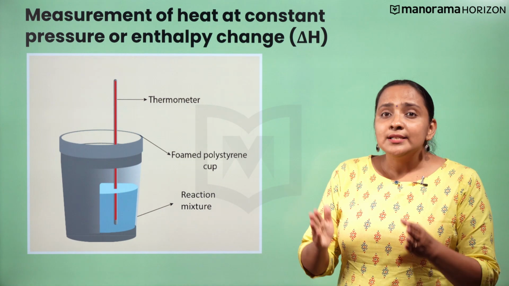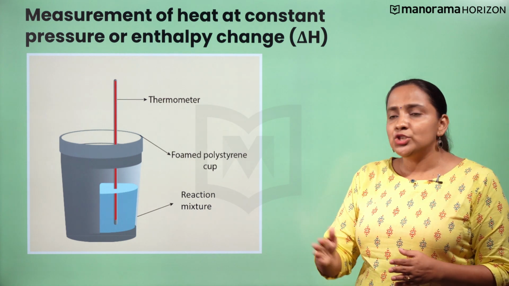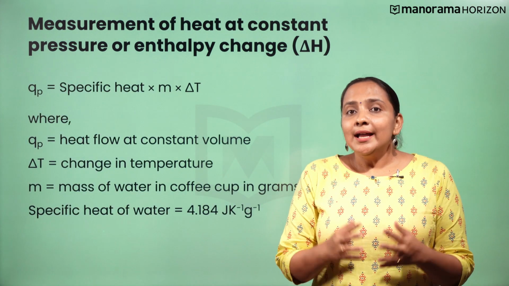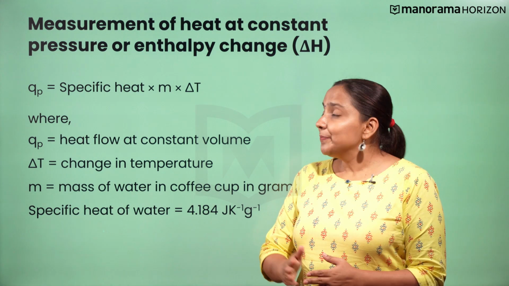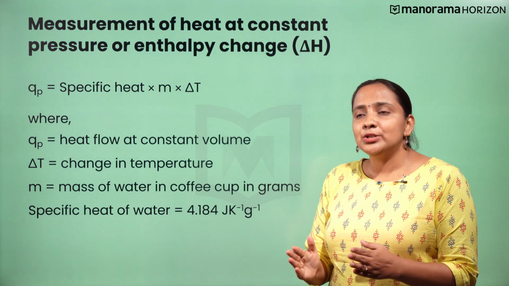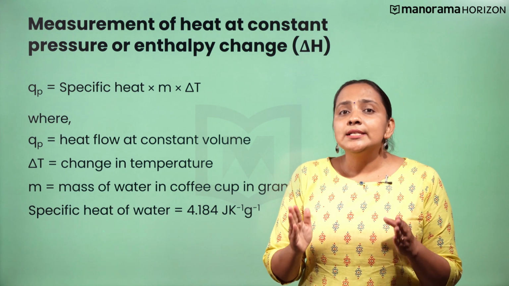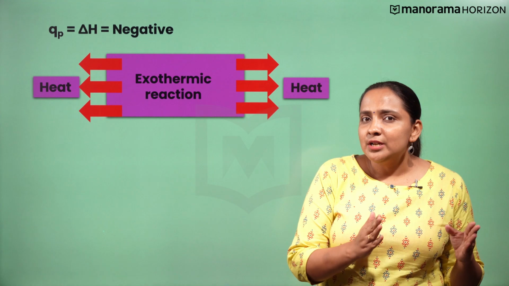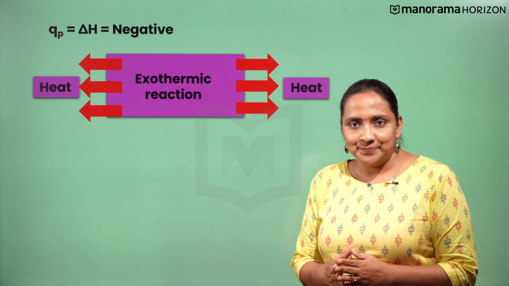The apparatus is also fitted with a thermometer to measure the change in temperature. Here, the heat flow can be measured using the equation QP is equal to specific heat into M into delta T. Note, when heat is evolved or absorbed at constant pressure, we are measuring the enthalpy.